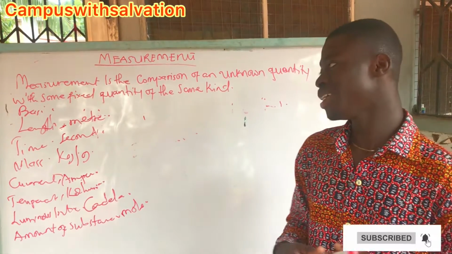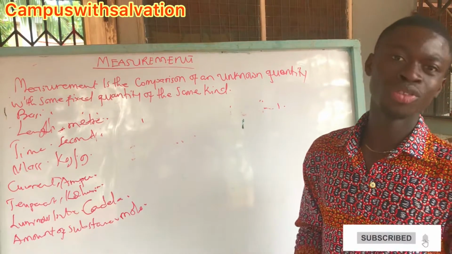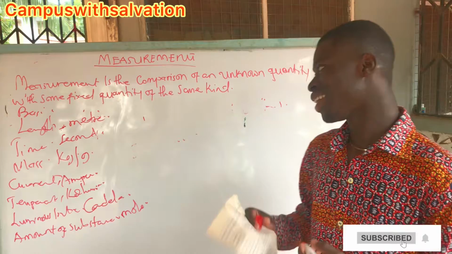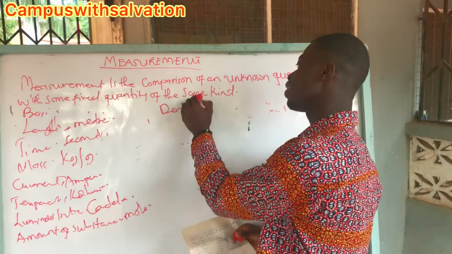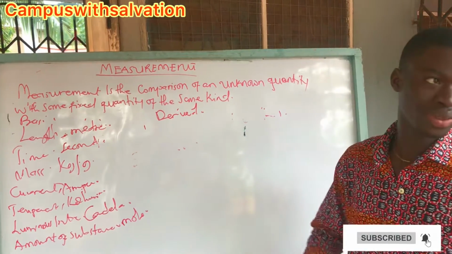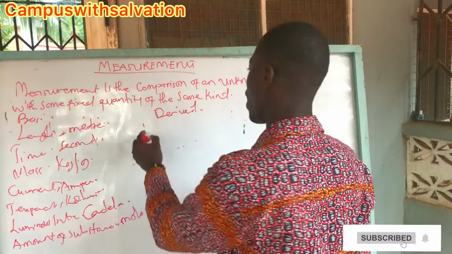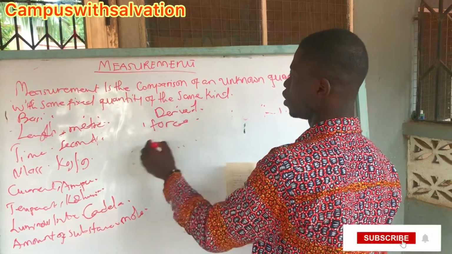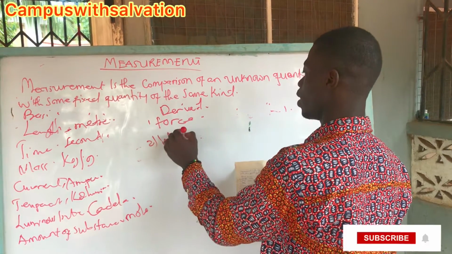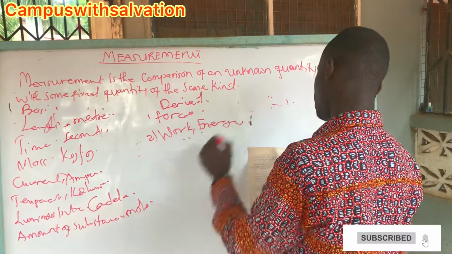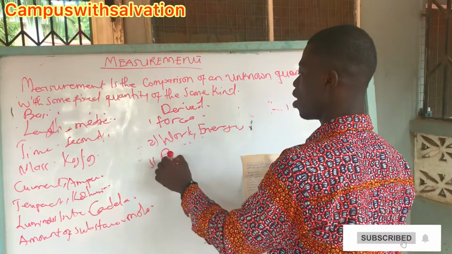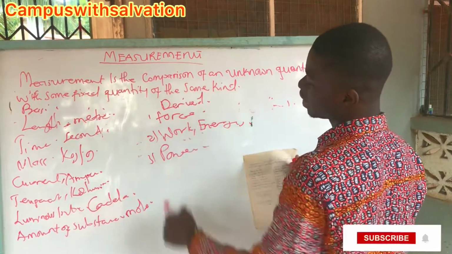As time goes on, we'll be solving more questions on them. Some derived quantities are force, work or energy, and power.